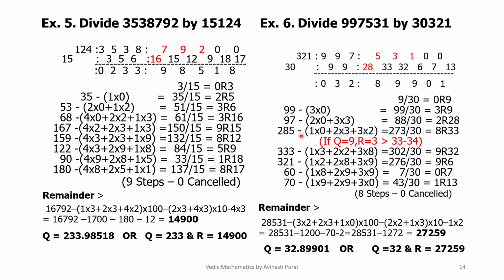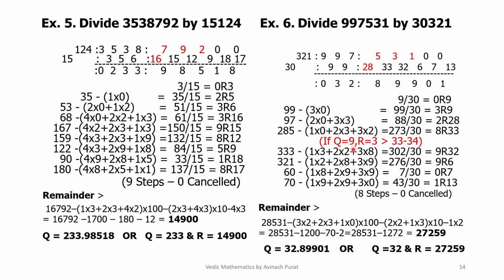So 285 is the next dividend, minus 1 into 0 plus 2 into 3 plus 3 into 2 equal to 273, divided by 30 equal to 8, quotient, and remainder 33.